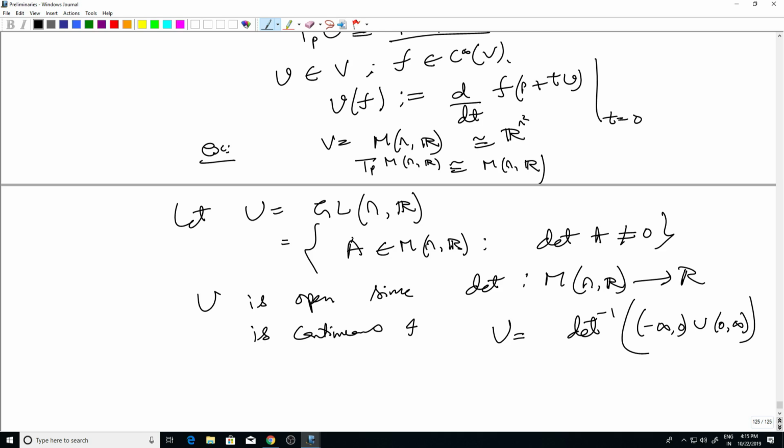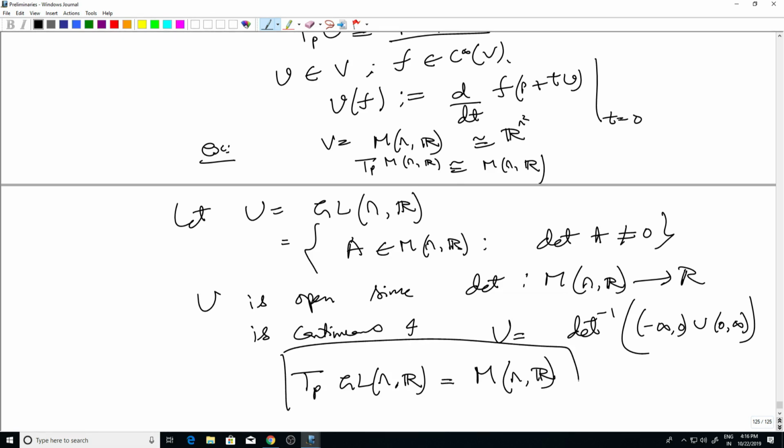So I get an open subset here, and this is a manifold as well, since it's an open subset of a vector space. And our discussion above shows that the tangent space at any point of GL_n(R) can be identified with the bigger vector space M_n(R). So let's keep these two things in mind.